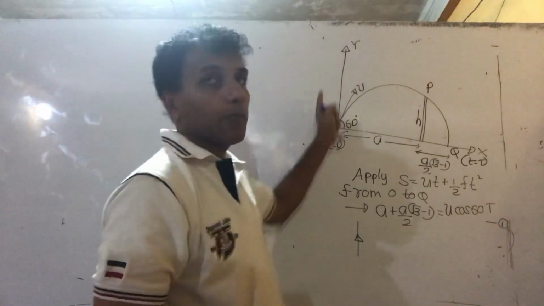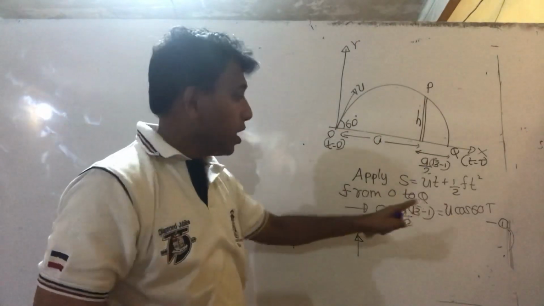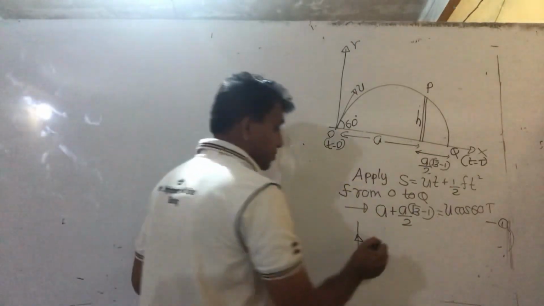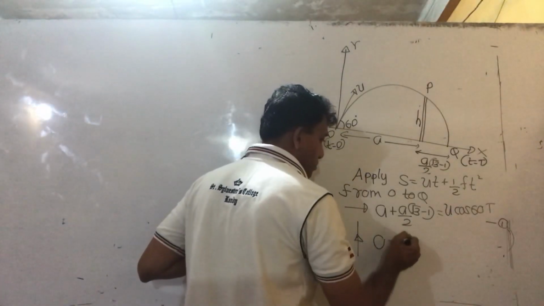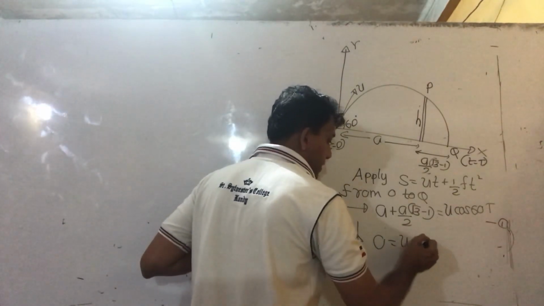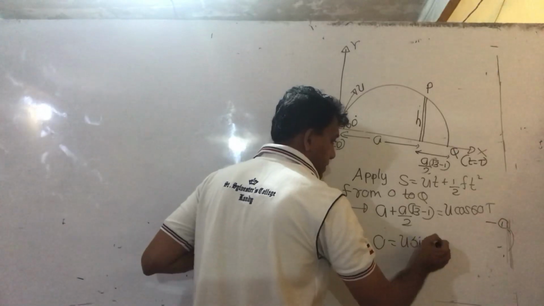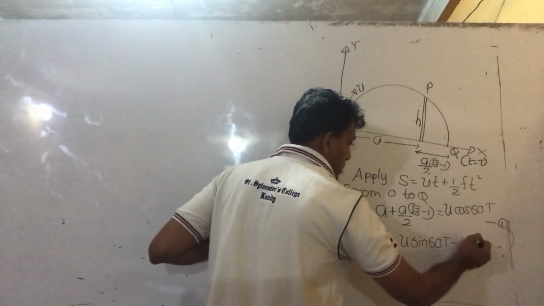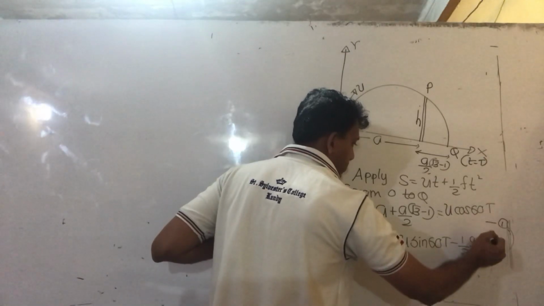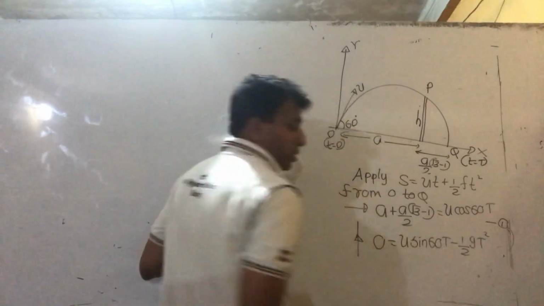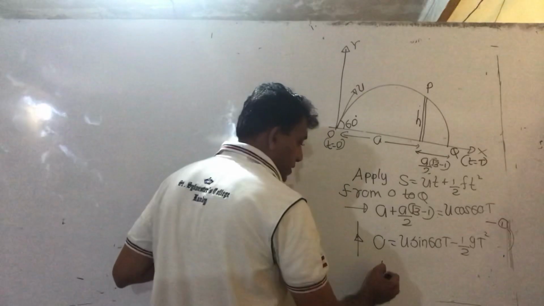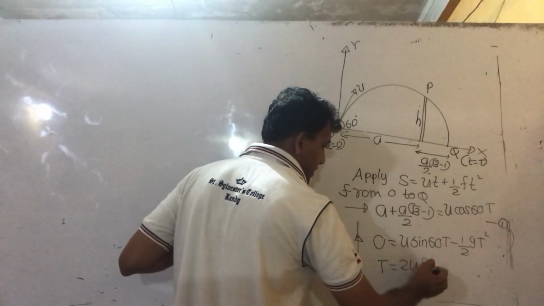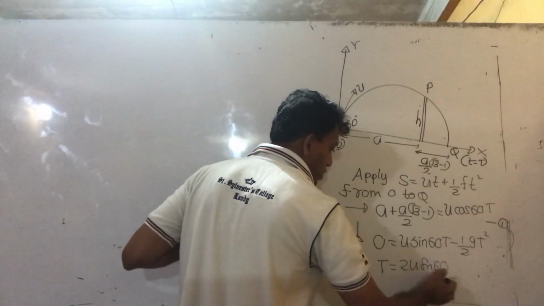The particle hits the ground, so from O to Q there is no vertical displacement, displacement 0: 0 equals u sine 60 into capital T minus half g T square. So capital T equals 2u sine 60 over g.